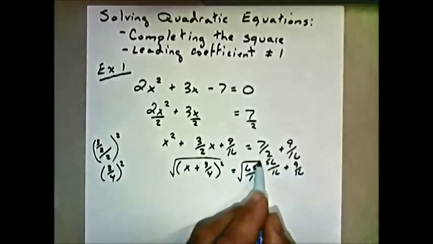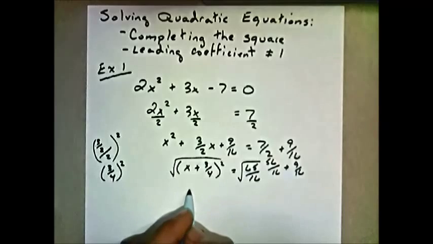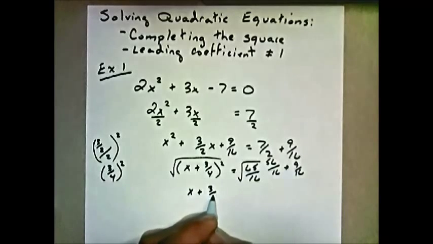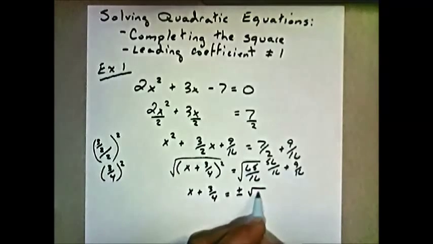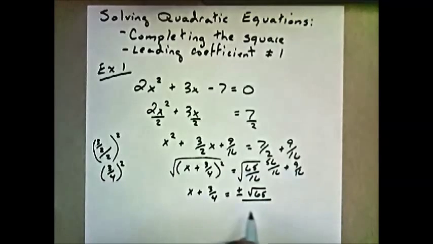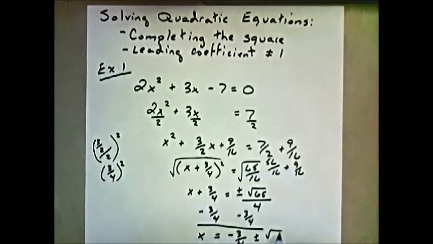Finishing, to solve for x, we're going to take the square root of both sides. So we get x plus 3/4 equals plus or minus the square root of 65 over 4. We're going to solve for x by subtracting 3/4. And we end up with x equals negative 3/4 plus or minus the square root of 65 over 4.